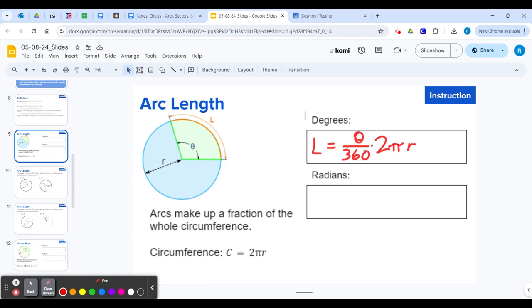Because our full circle is 360, and partway through that circle is our rotated angle. Let me just update that theta so it's nice and clean.